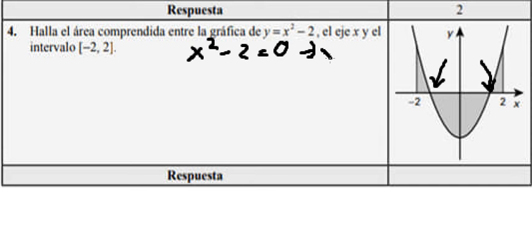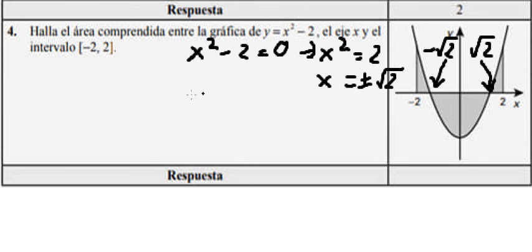So you get s squared, we put negative 2 on the right, and you get s equal to positive and negative square root of 2. So we get negative square root of 2 and positive square root of 2.